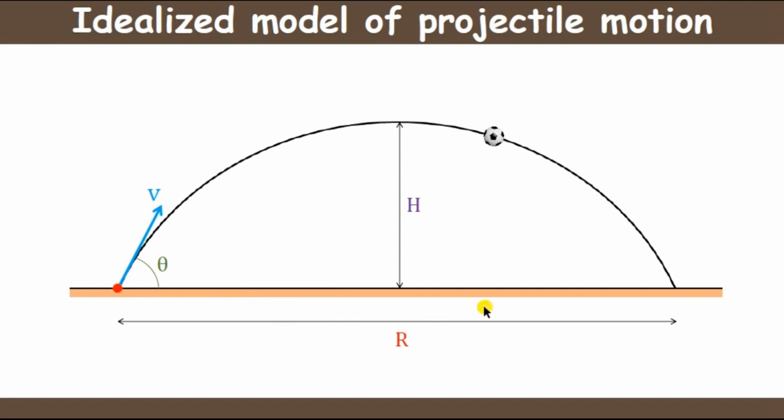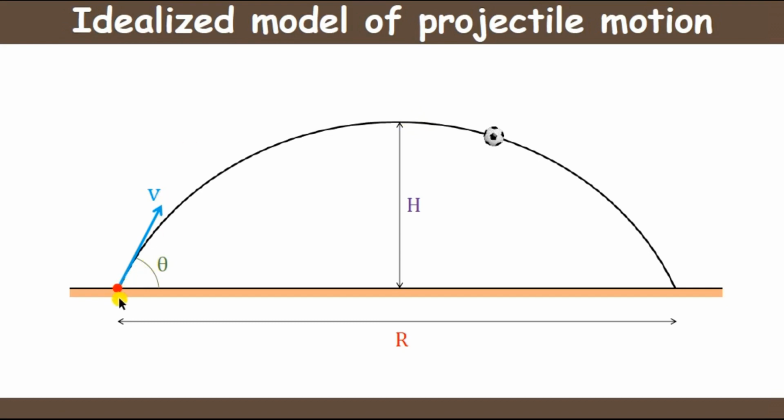From the starting point till the ending, the distance traveled by the projectile is called the range of the projectile. And the maximum height the object is able to reach is called the maximum height of the projectile.